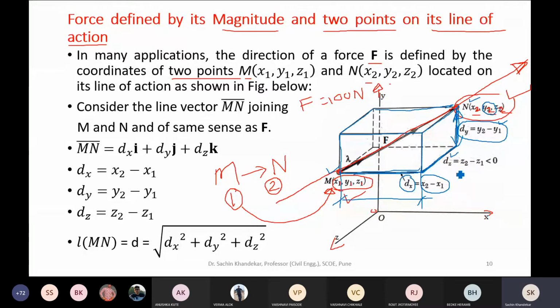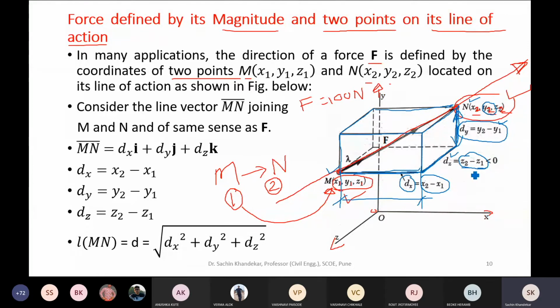No doubt dz must be z2 minus z1, and this difference must be non-zero.